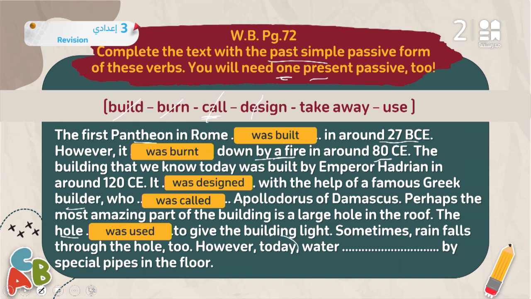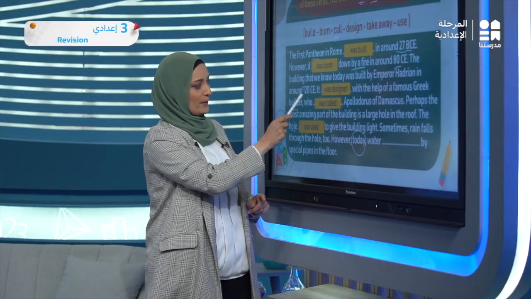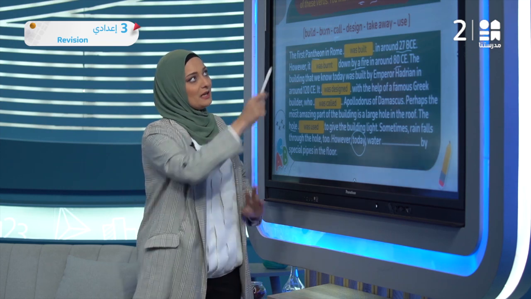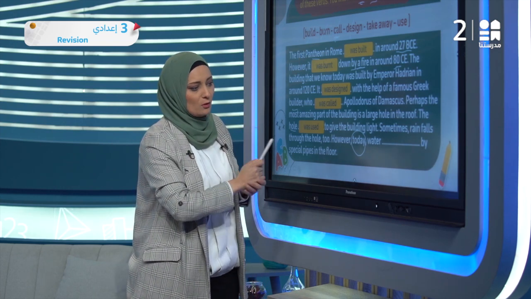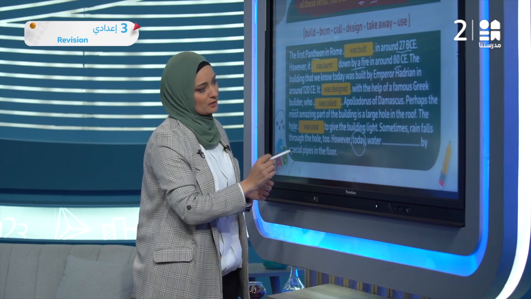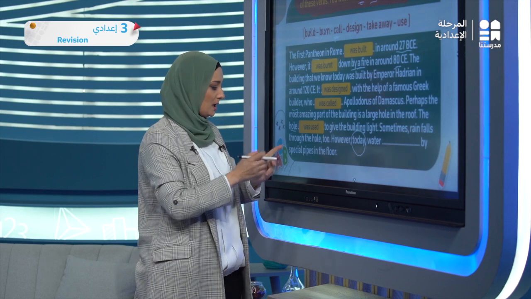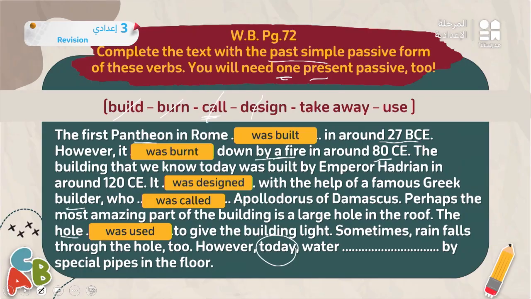However today, here we have a shift of tense, the change in tense comes here at today. Every time I had past, all past, suddenly I have today. So now I'll use the present simple passive, the instructions that mention it. So, today water ___ by special pipes in the floor. The water is taken, or they can take it away with the pipes from the floor. So I'm going to use the verb take away. Today water is taken away, and the past participle of take is taken.